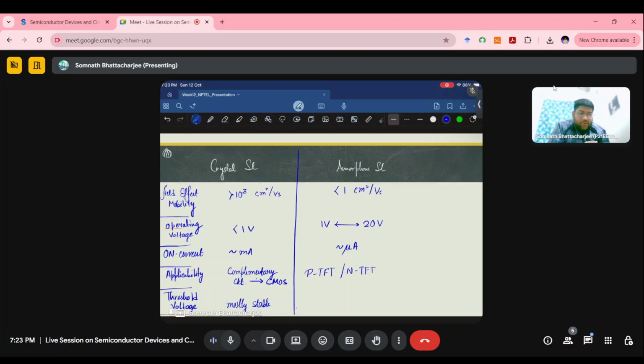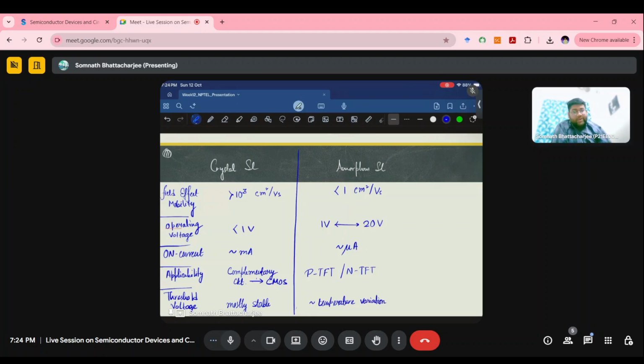Even if you change the temperature of the environment, if your device is getting heated up and, let's say, starts malfunctioning, still the device will start around, let's say, 1 volt or something like that. But in most of the cases, in these amorphous devices, it depends on the temperature. So the temperature variation has a high effect on this.